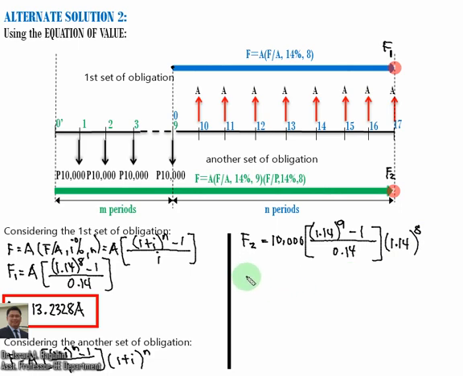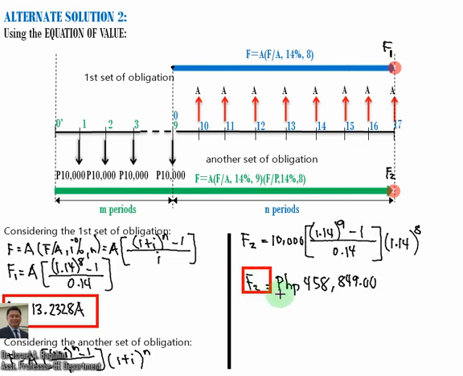Okay, so we have now this value of our F2 if you are going to calculate this one, which is equal now to 458,849 pesos. Okay?